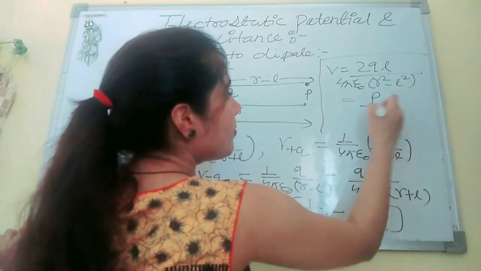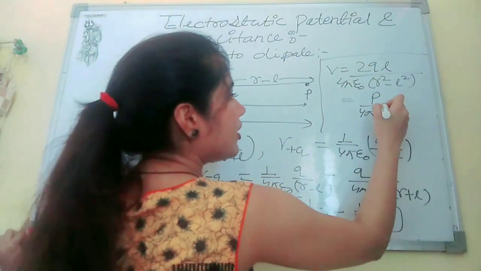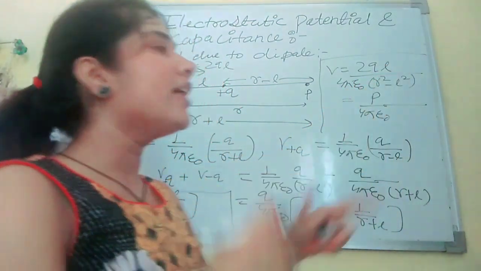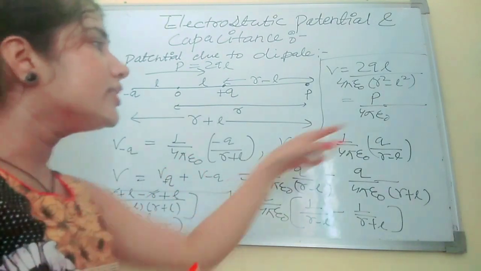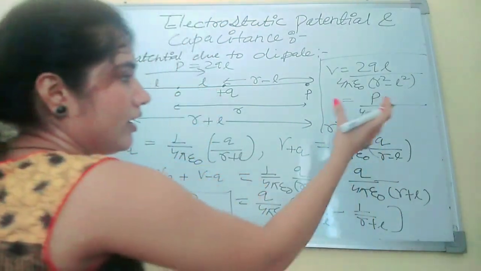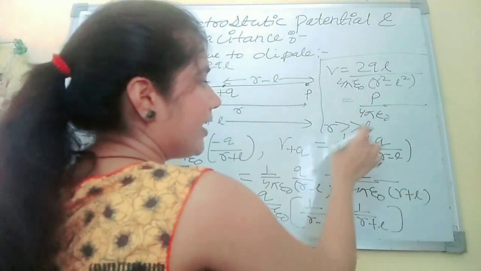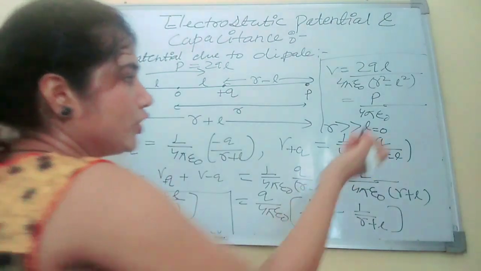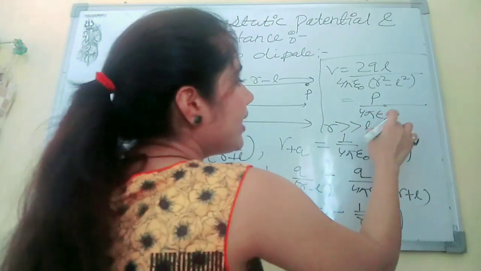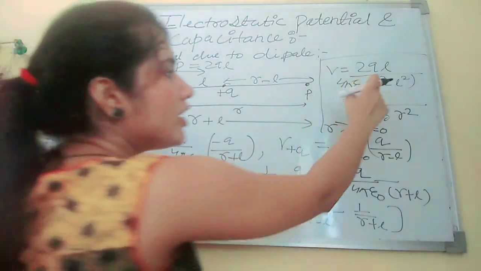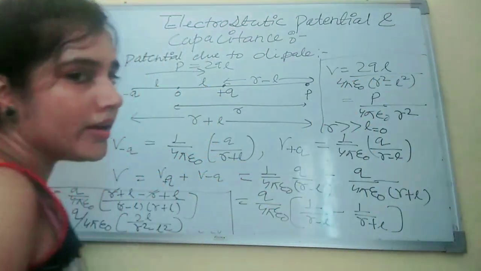So it will be P upon 4 pi epsilon naught, and here we are taking r very much larger than L. If r is larger than L, then L will be neglected and L will become 0. So we simply get 4 pi epsilon naught r square, because this L square will become 0 and r square minus 0 will be r square.